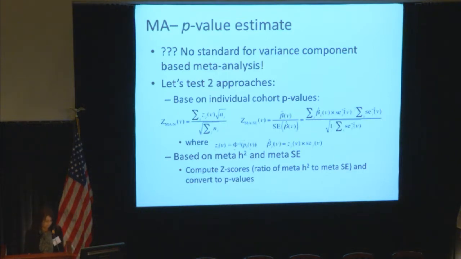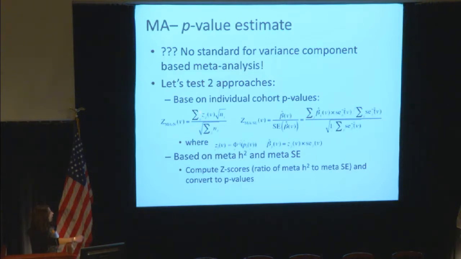Interestingly, there's actually no standard analysis for computing a p-value from variance components-based meta-analysis. So we talked about this for a bit and decided to come up with two different estimates for calculating p-values based on the approaches that we've discussed. One is basically this: the one we weight by the number of subjects.